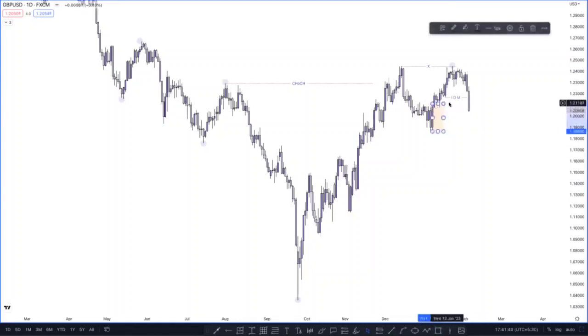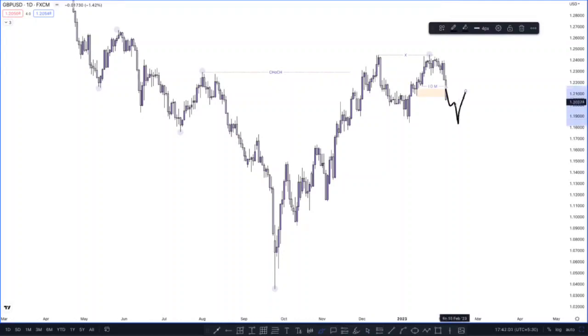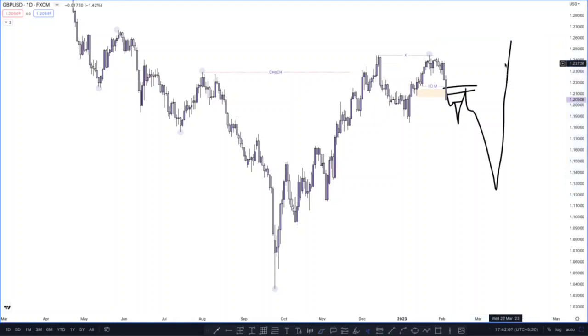But if you check here, this shadow is unmitigated just below it. Market sharply broke this one. So when can we expect the next move? If price continues to push downside and creates any inducement, then we are willing to sell here for the short term before it goes higher.